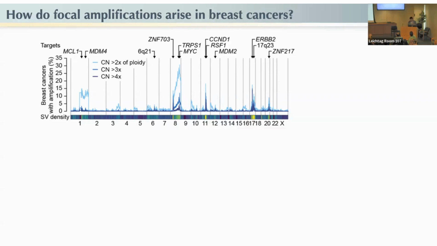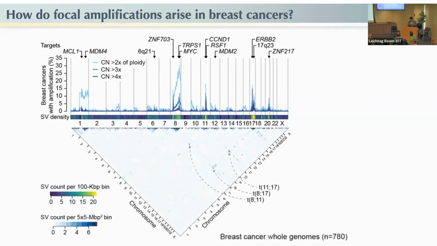Now, what really got us going here is that when we look at the whole genome data, what we noticed is that these amplifications are actually correlated or connected, okay? So the plot on the bottom, when you see these darker dots, it means that there is a read connecting different amplifications together, okay?